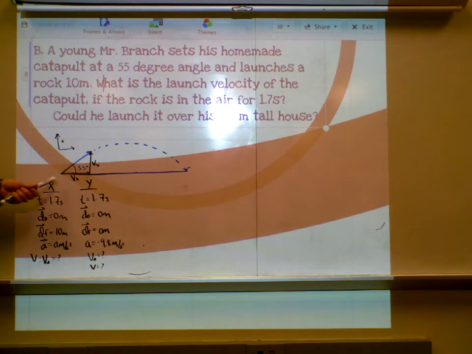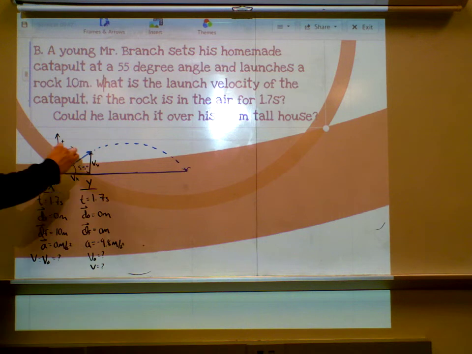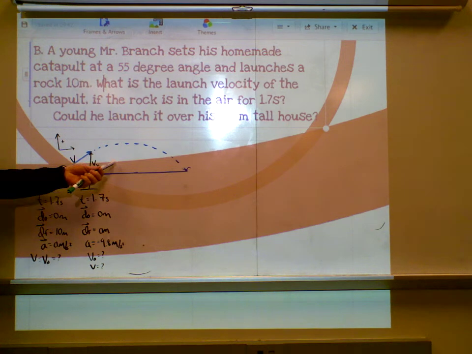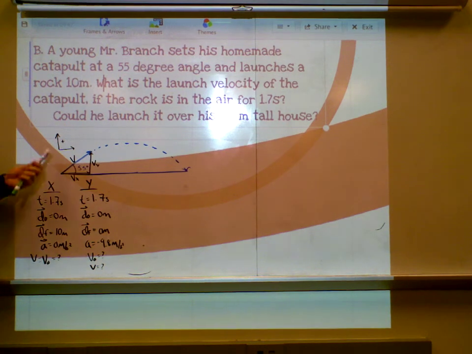The x component equals v cosine 55, it's adjacent. The y component is v sine 55, it's opposite. So if we can find the x or the y component, it doesn't matter which, we can use the trigonometry equations to figure out v.